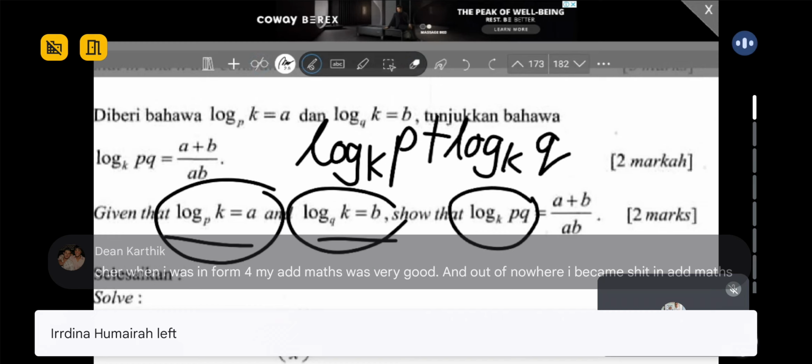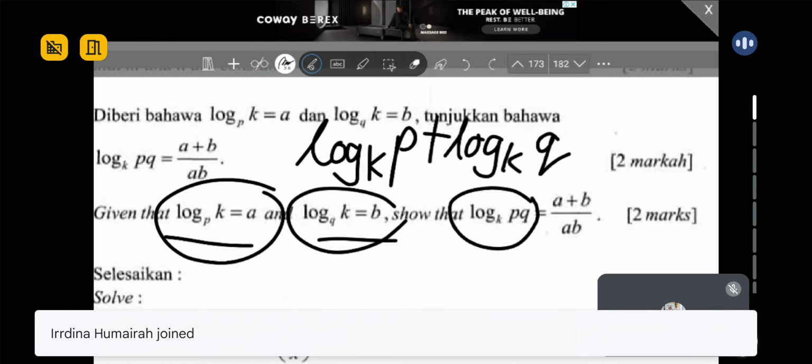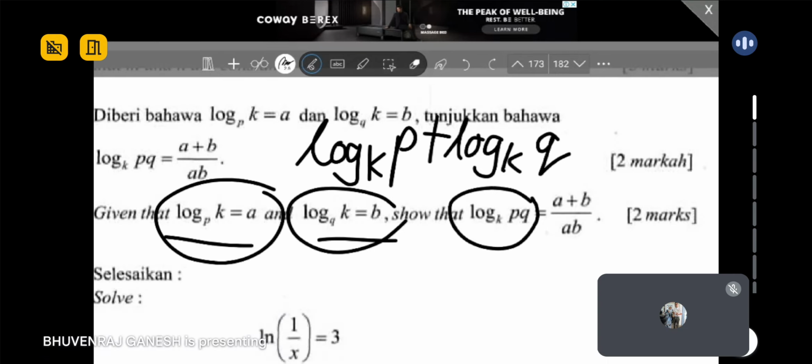So this is mainly for Form 5, for SPM revision. When I was in Form 4, my NMATS was very good, and out of nowhere I became bad in NMATS. It's very normal because Form 5 is harder.